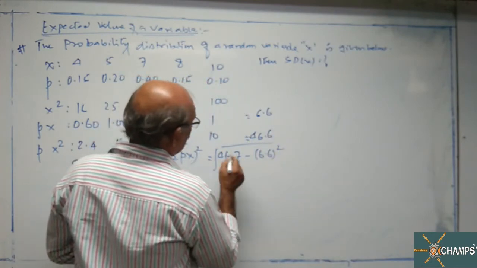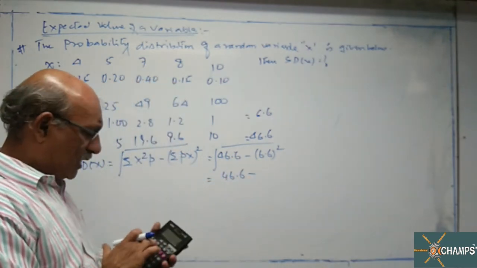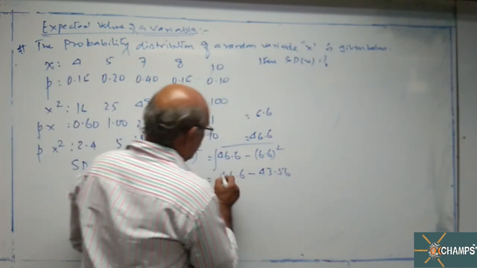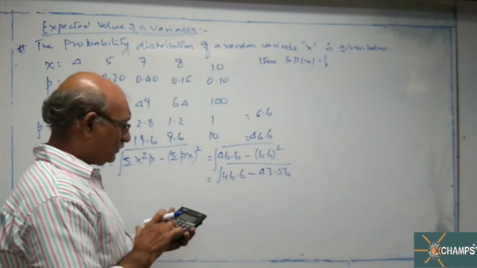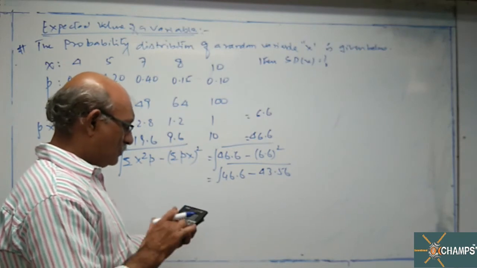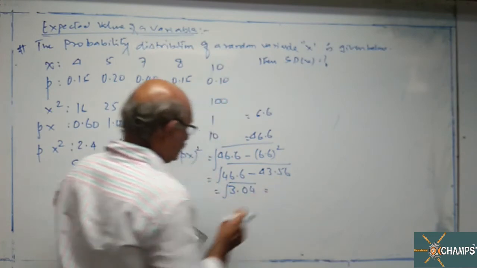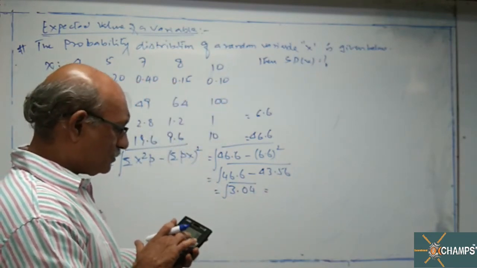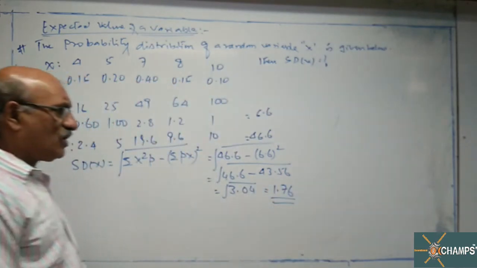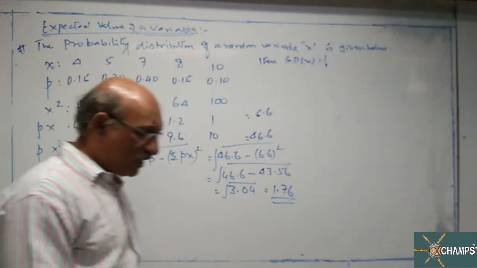So this is 46.6 minus 6.6 into 6.6 is equal to 43.56, totally under root. 3.04 under root, 1.74. Standard deviation is 1.74. Okay, this is the answer to this question.